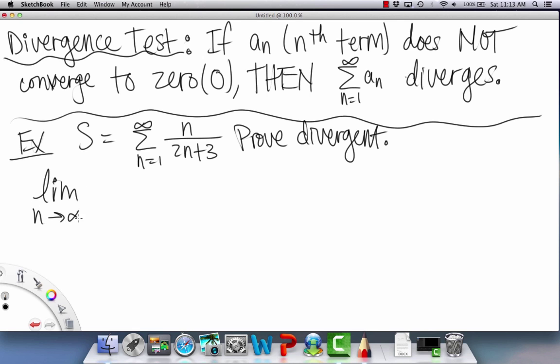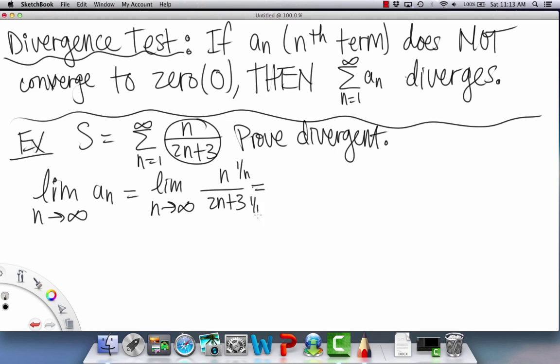So the limit as n goes to infinity of a_n, and this is our a_n, so I'm just going to plug that in. n goes to infinity of n over 2n plus 3. I'm going to divide by 1 over n on top and bottom. So the top we just get 1, which makes it simpler.